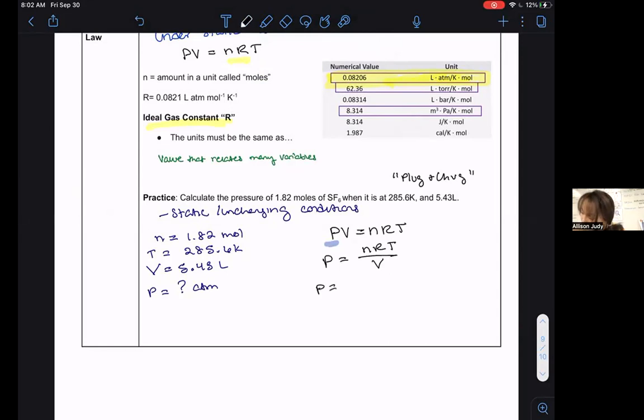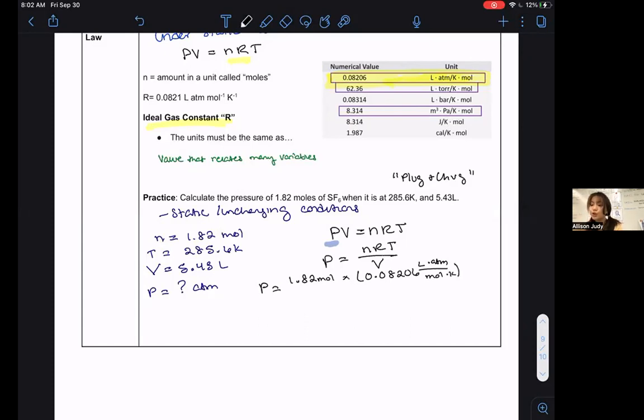So P equals n, which is 1.82 moles, times R, which is 0.08206 liters times ATM all over moles times Kelvin.